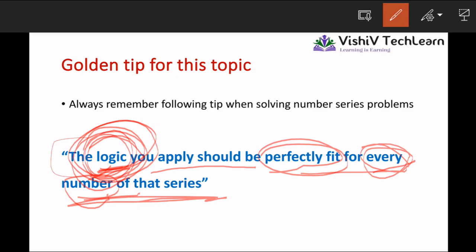You may go wrong even if you find the solution in the options, because that logic may be wrong and it may mislead you. So whatever logic you try to apply, it should fit perfectly for every number of that series. This is the golden tip.